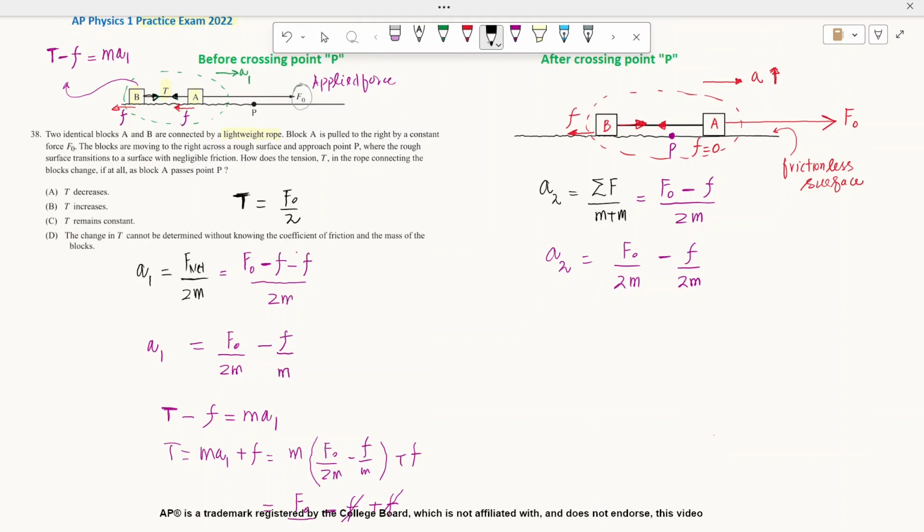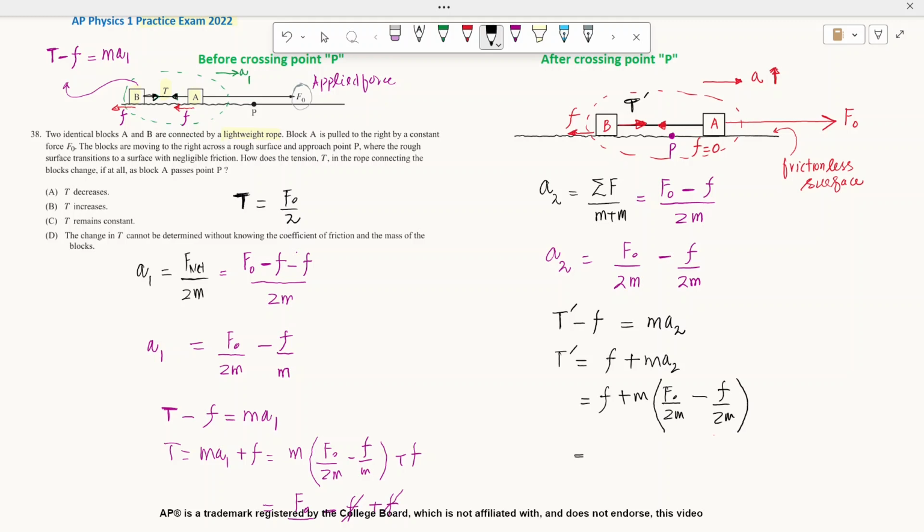Now we will compare it. This is the new tension, let's say T prime. So T prime minus F is equal to m a2, because now the system's acceleration is different. So T prime is equal to the frictional force plus m a2. Simply put the value of the acceleration here.